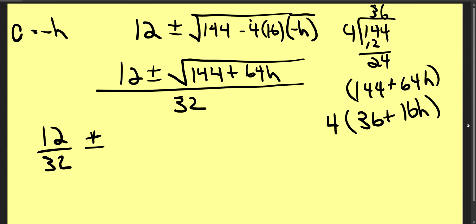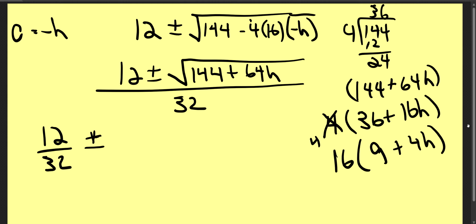I could keep going here and take out another 4. If I take out another 4, that'll make this 16. Remember, 36 divided by 4 is 9, and 16h divided by 4 is 4h. So that looks a little better.